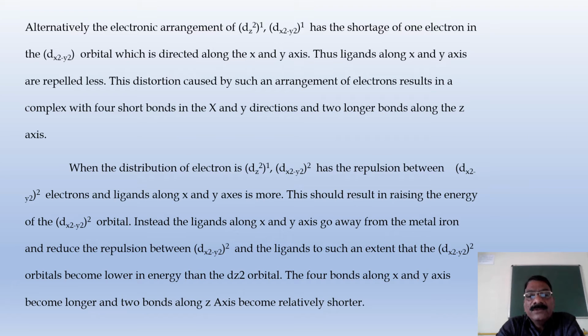Instead, the ligands along the x and y axis go away from the metal ion and reduce the repulsion between dx square minus y square and the ligand to such an extent that the dx square minus y square orbital becomes lower in energy than the dz square orbital. The 4 bonds along the x and y axis become longer and the 2 bonds along the z axis become relatively shorter.